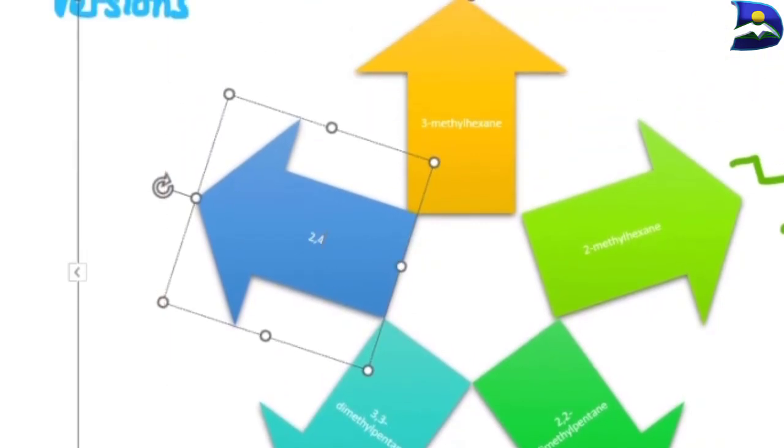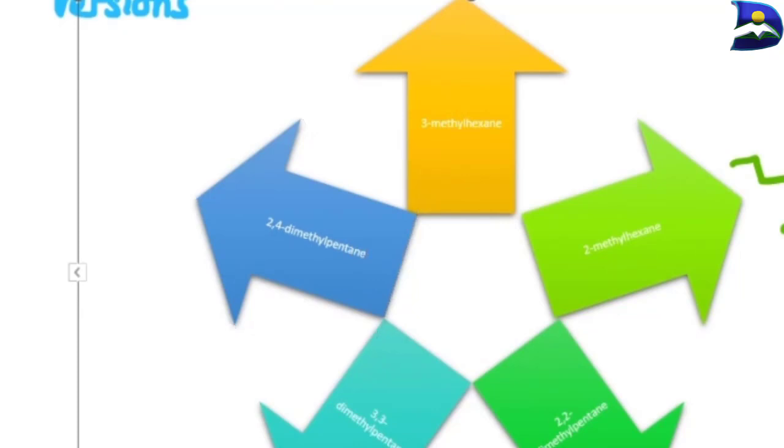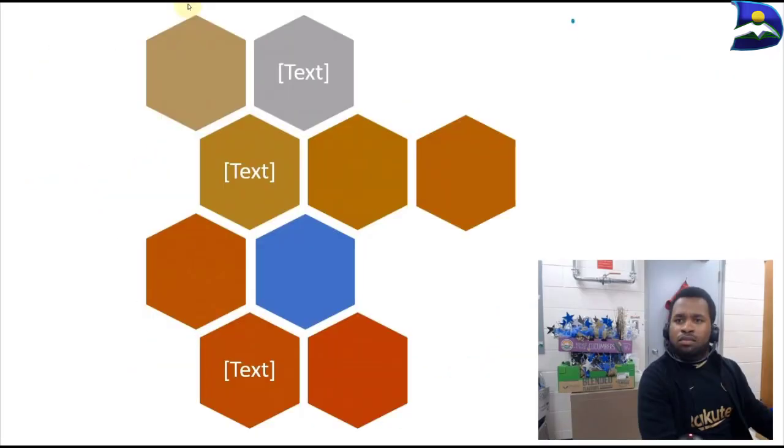And finally here is 2,4-dimethyl pentane, where on carbon 2 and carbon 4 of our longest continuous chain we have methyl groups that are attached right there.